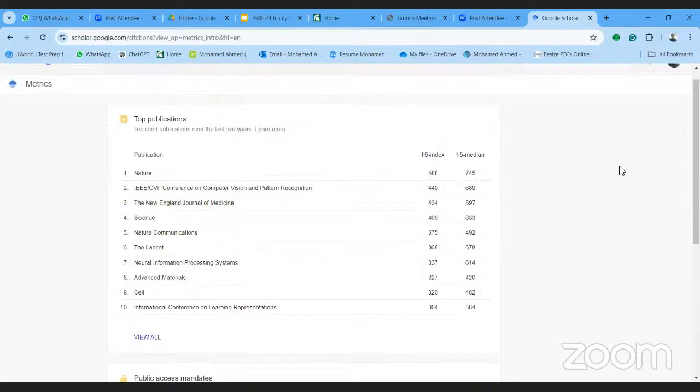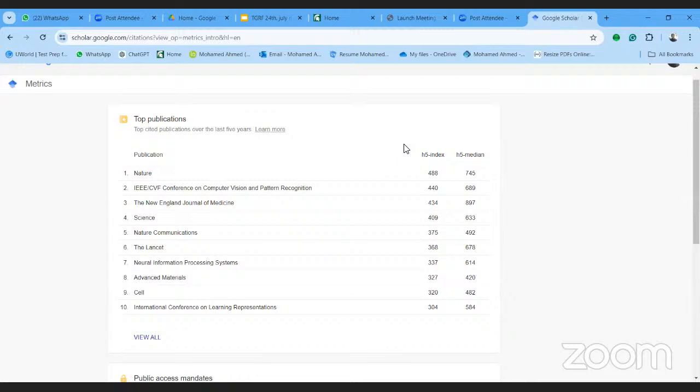The first one, the H5 index, is a measure of the performance of journals. Let's say you have a research question and you want to publish an article, and you're asking yourself which journal to choose. As you can see here, they have a list of the most famous and powerful journals: Nature in the first place, IEEE, and the New England Journal of Medicine. You might be wondering, what is the H5 index?